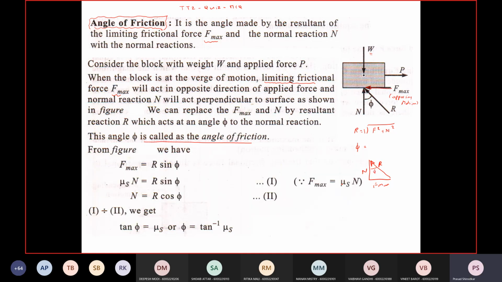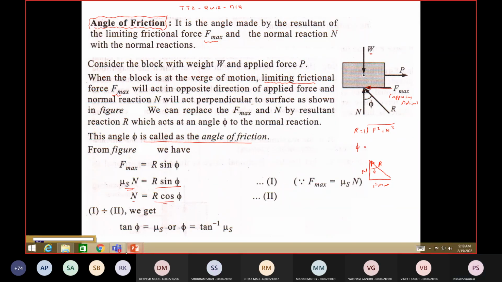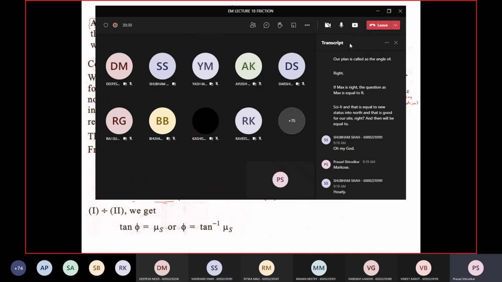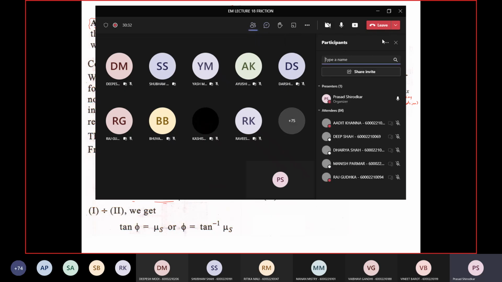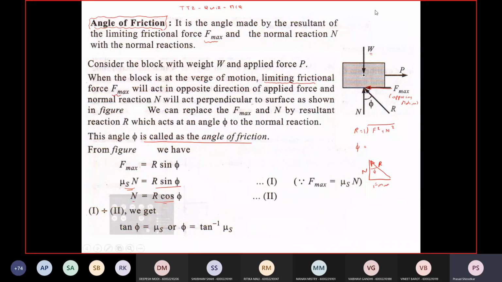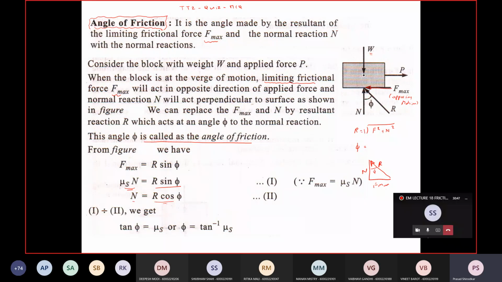Right? So if I write the equations, F max is equal to R sine phi, and that is equal to mu static into N. And N will be equal to R cos phi.